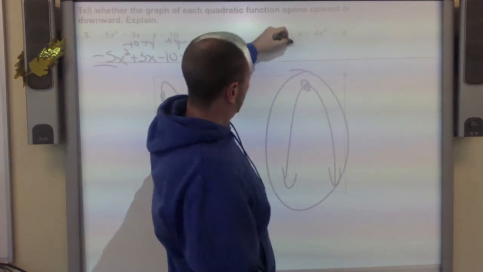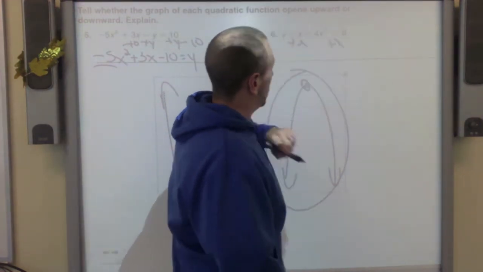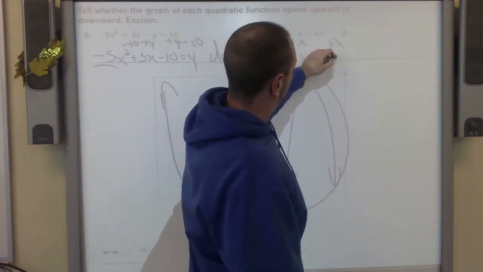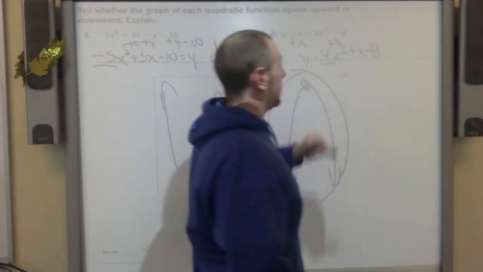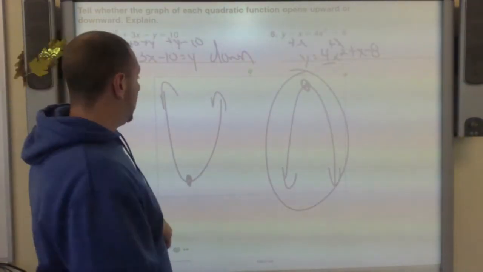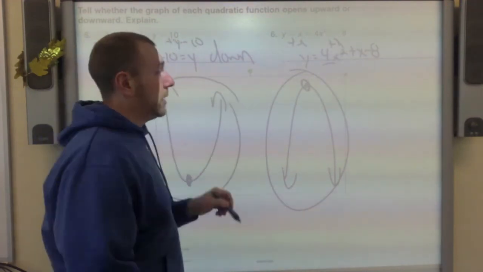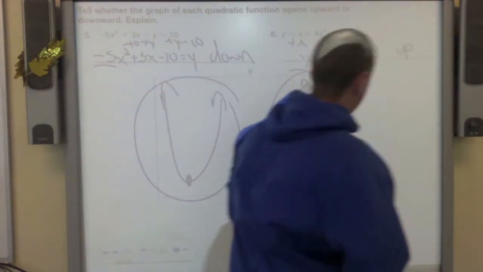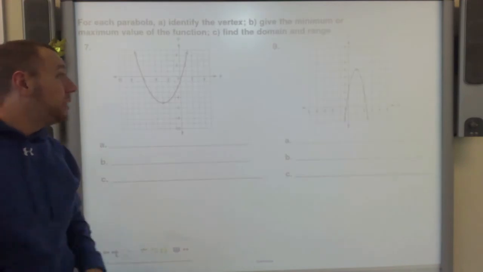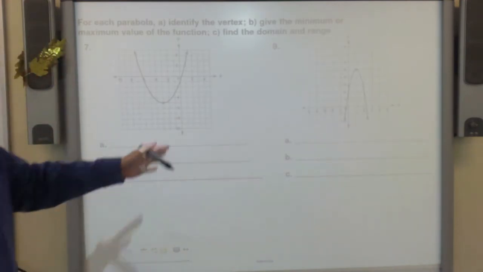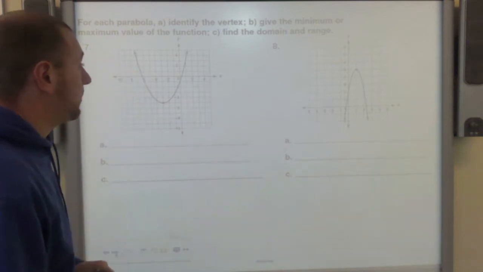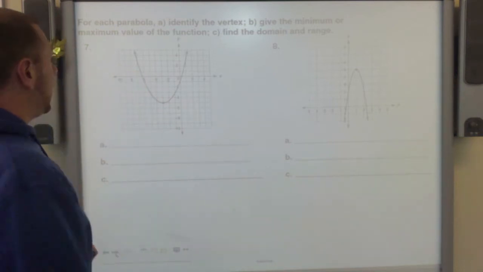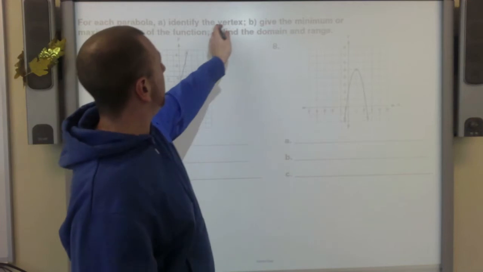Just like here, I'm going to add x, okay, y equals 4x squared plus x minus 8. Because that 4 is positive, it is going to open up. As we can see in here, this is opening up, and so therefore the a is going to be positive. But it's asking me to identify the vertex.